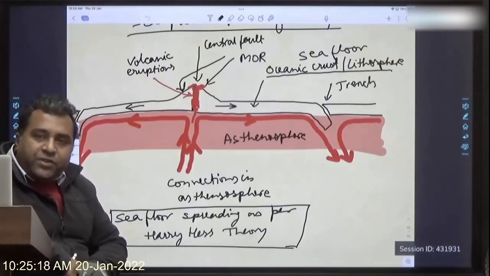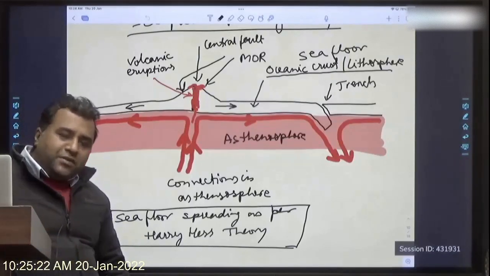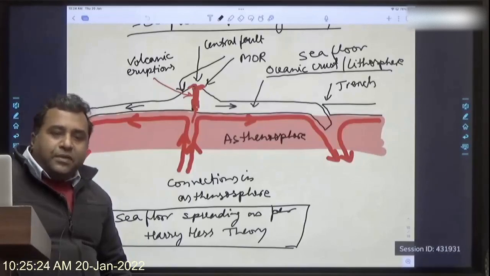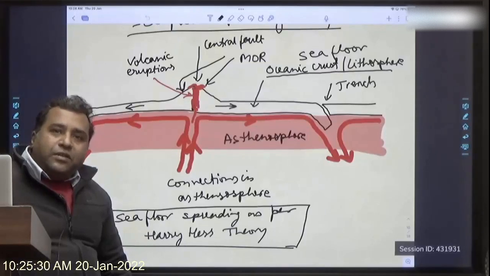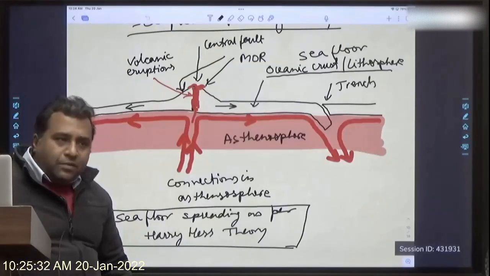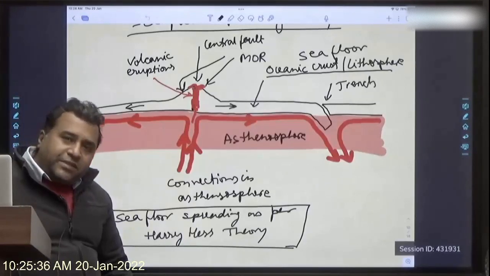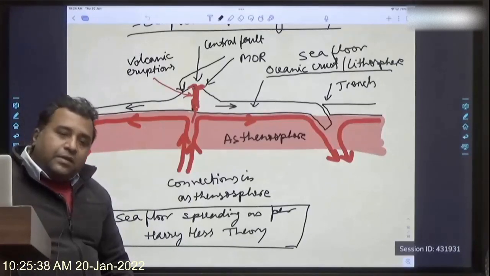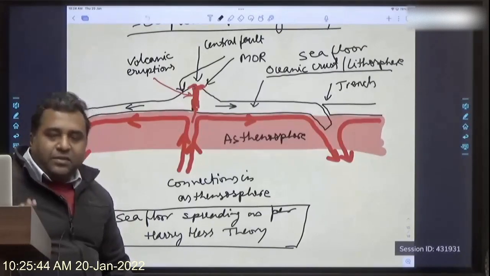For the geography optional people, if the same question comes, seafloor spreading has been asked many times, I would say you go with Savinder Singh. If you see Stoller and other books, you will find Hamlin and all, with similar dates ranging; some say 60, some say 61. But for those going as per the NCERT, for UPSC GS, NCERT is your book.